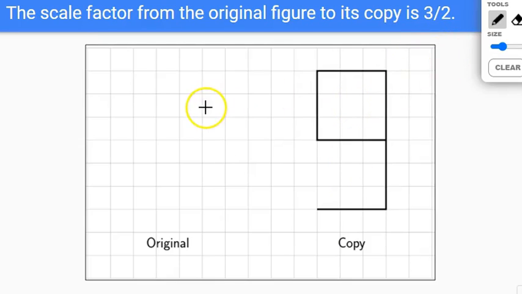To go from the copy to the original, we have to multiply by 2/3. And why? Because 3/2 is greater than 1 whole, right? Because 2/2 would be 1 whole, 3/2 is greater than that. And so if that's what this makes, then our original has to be something that's smaller.